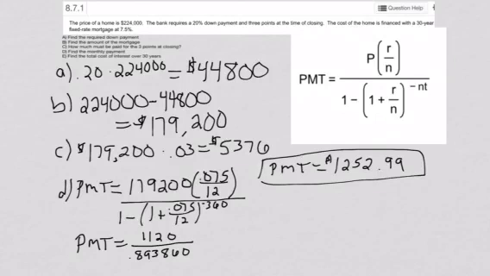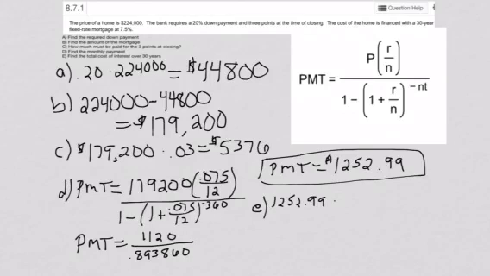Now part E, the last part of this question, says find the total cost of the interest over 30 years. Well, if we're going to pay this $1,252.99 for each month for 30 years, we've already said that that's going to be 360 payments.